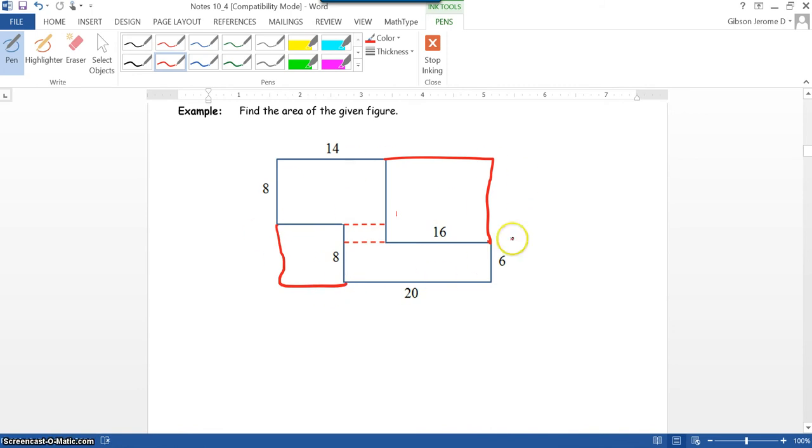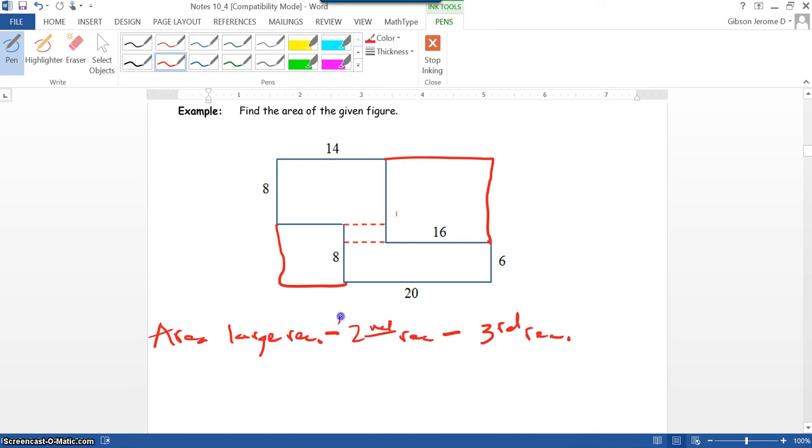So now if we had this whole rectangle, we will have the area of the large rectangle. Let me erase this off here. It'll be minus the second rectangle and minus the third rectangle.